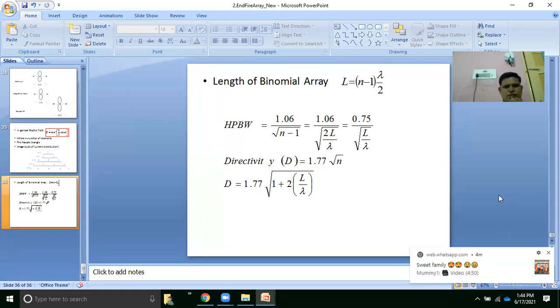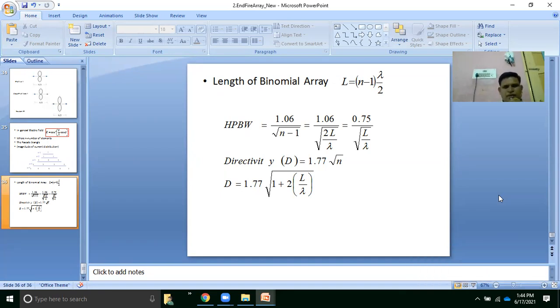And lastly, we have studied this binomial array. The main difference compared to broadside and end fire arrays is that in a binomial array, we eliminate the minor lobes by providing non-uniform magnitudes to each antenna element. That thing you have to remember.